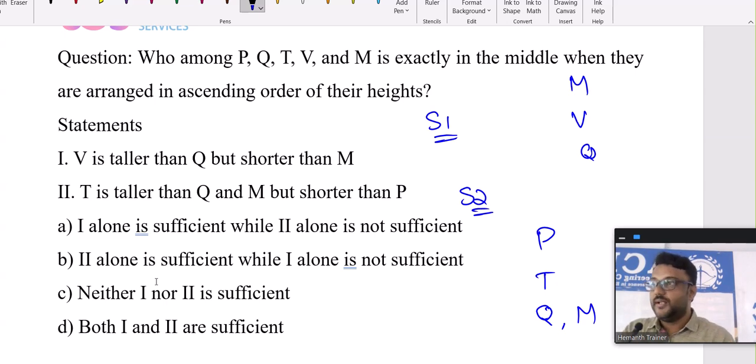Don't bring in statement one there. In 2 alone, Q and M internally, both are equal, or Q more than M, or M more than Q. We don't have that data in 2 alone. Right now, 1 alone, 2 alone, not possible. But when you combine, yes, both 1 and 2 are sufficient.